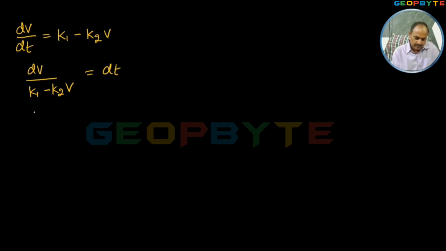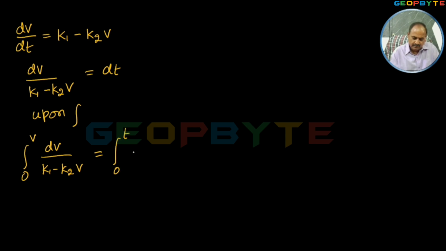Now upon integration, it is integral from 0 to v of dv by (k1 minus k2 into v) equals integral from 0 to t of dt. Simplify this part.